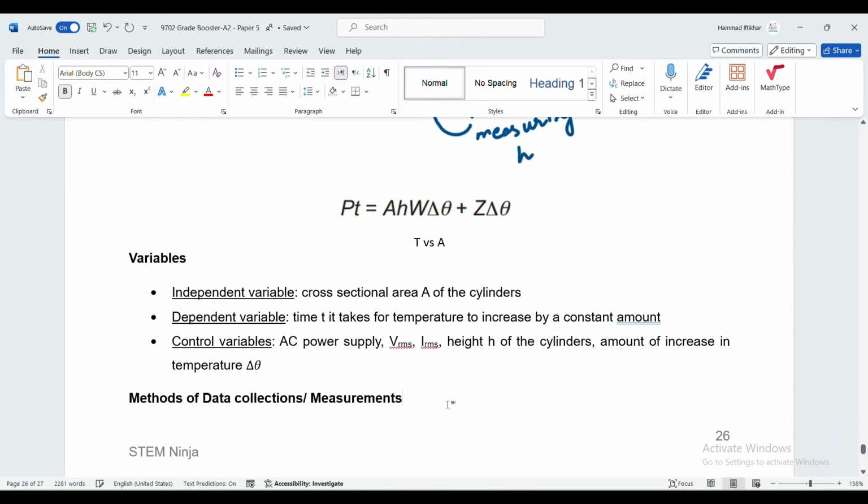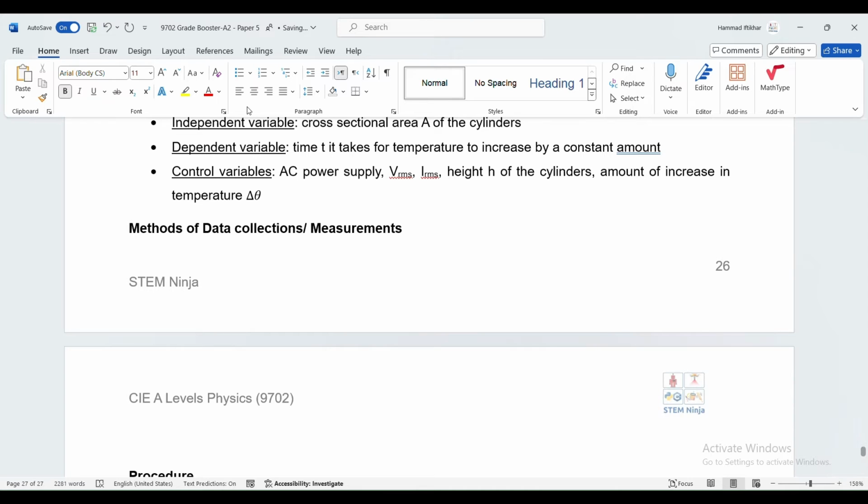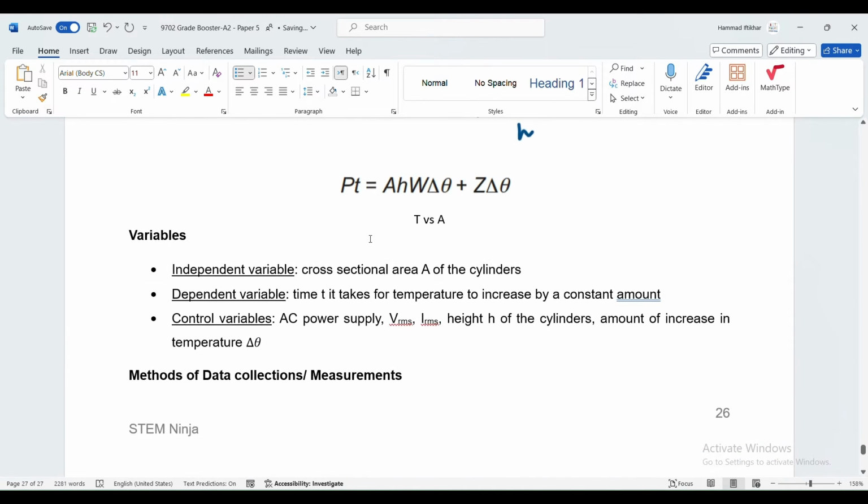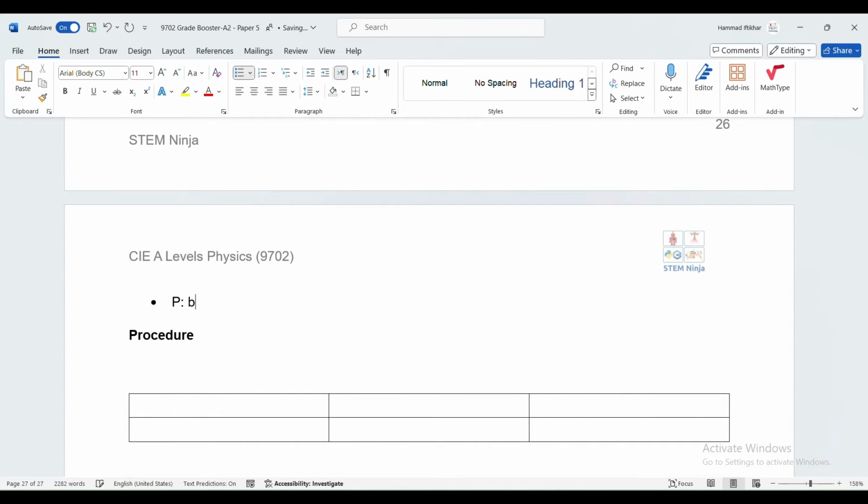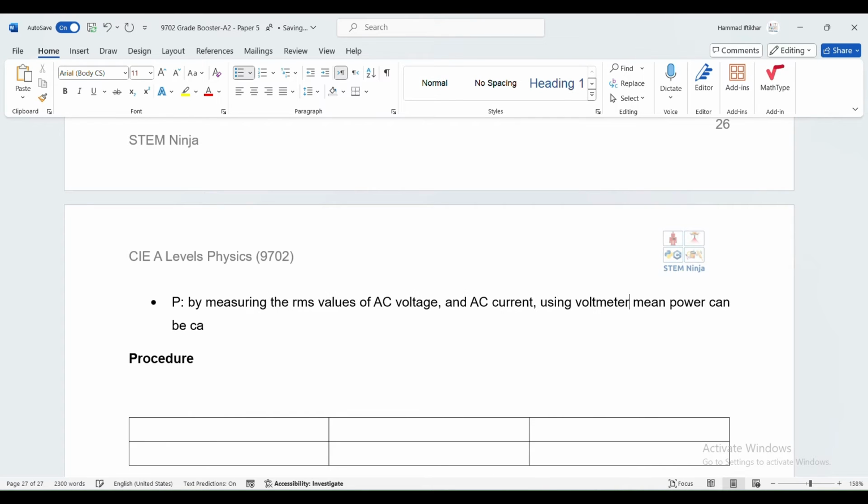Okay, all right. Now the methods of data collection. So for power, mean power can be calculated by measuring the RMS or root mean square of AC voltage and AC current, using a voltmeter and an ammeter set to read in RMS.